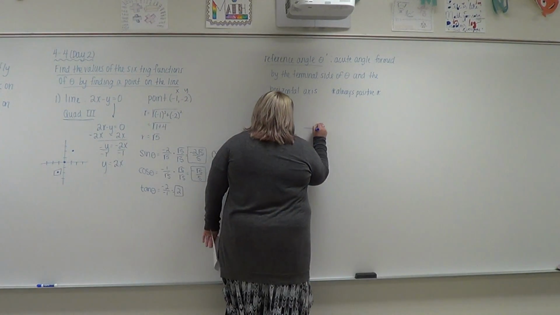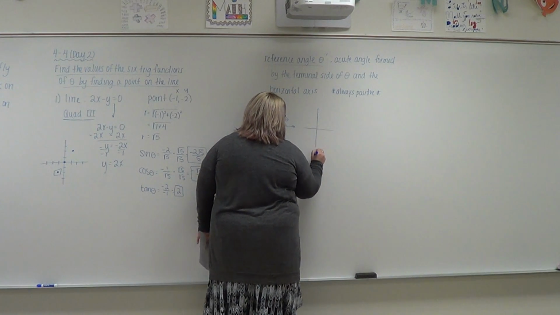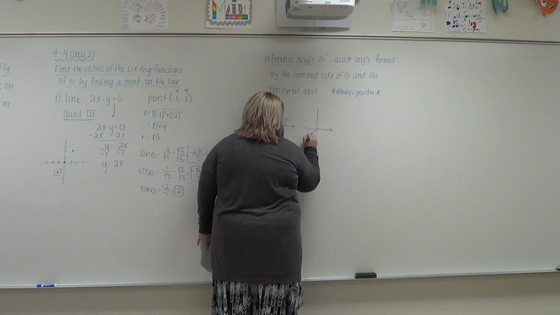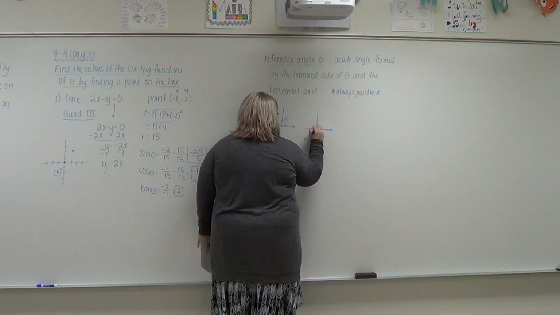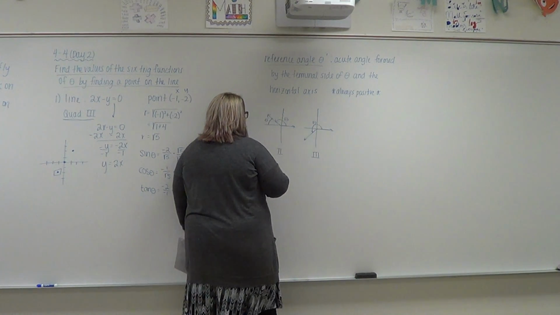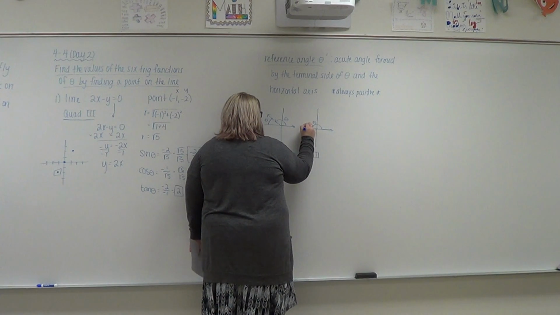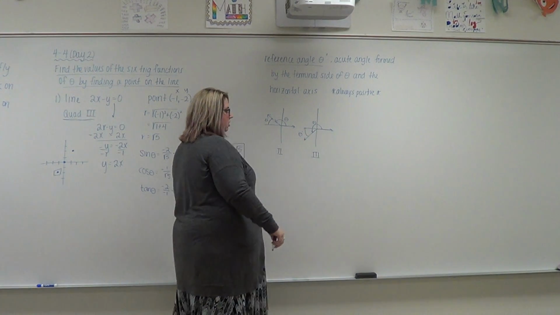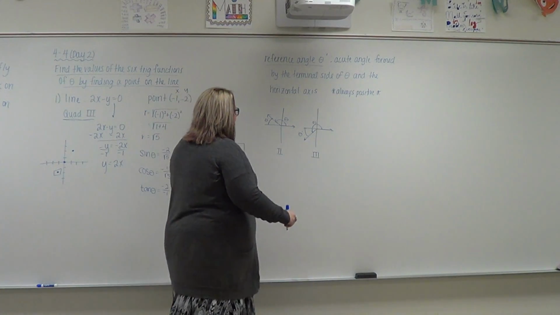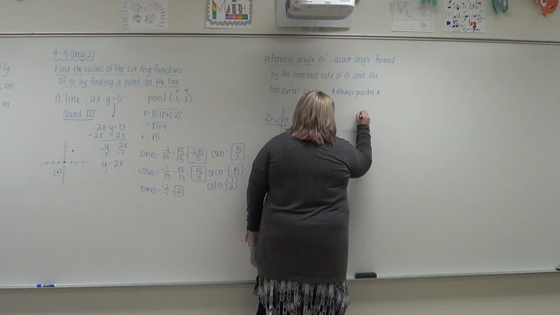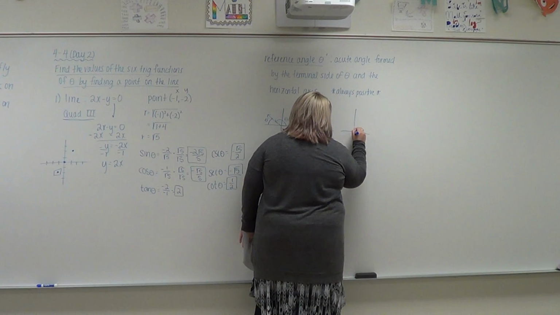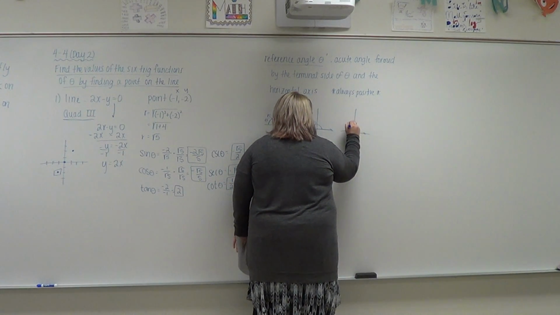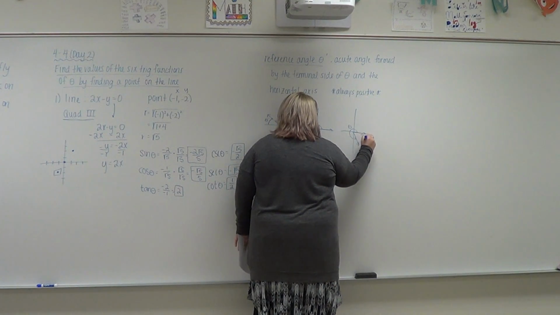If it's in quadrant 3, so that is your angle. Your reference angle is taking you back up to the closest horizontal axis, which is there. Okay, and then in quadrant 4, that's your angle, and then this would be your reference angle.